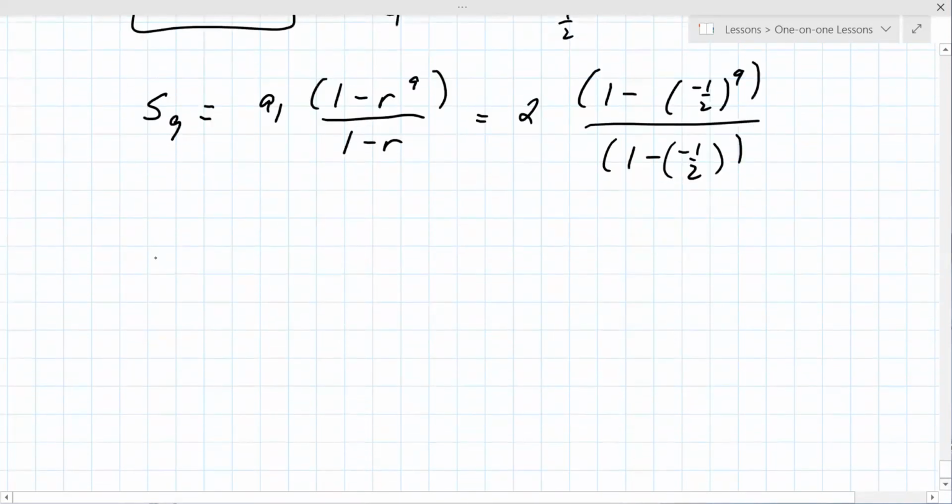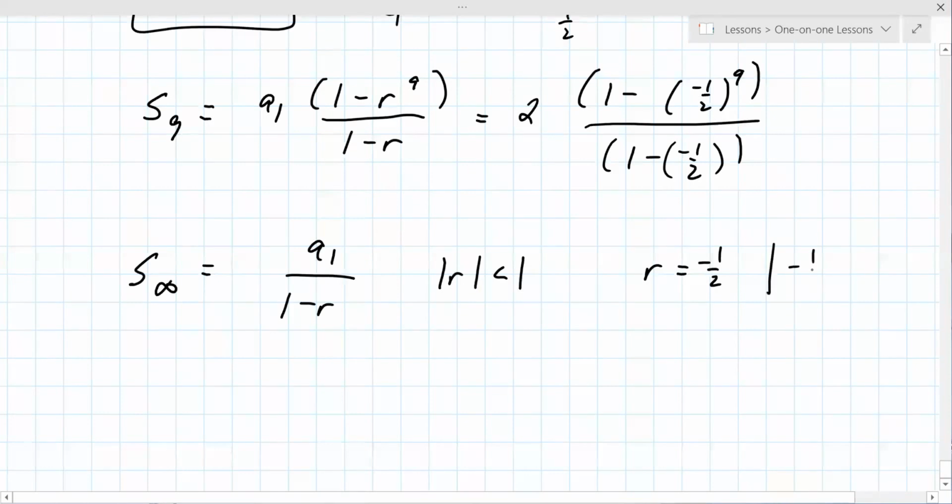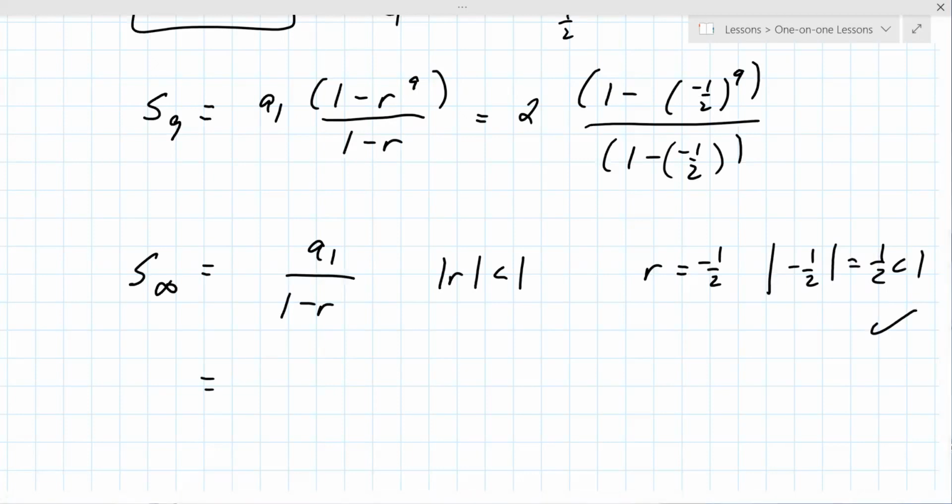But now you could definitely find an infinite sum. It's a1 over 1 minus r if the absolute value of r is less than 1. Your r is -1/2. The absolute value of -1/2 is 1/2, and that is less than 1, so you're okay there. Your first term in what I just described is 2.